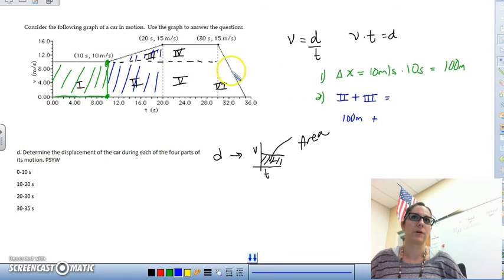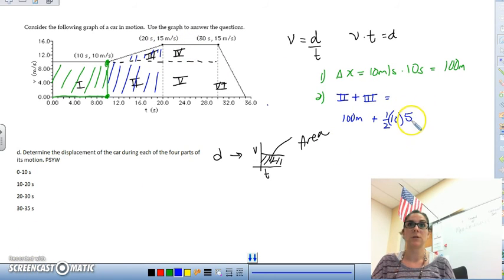This is a triangle, so I have to use 1/2 the base. The base is 10, from here to here. And the height here is 15, or 5. You notice I dropped the units, that's okay. It's 5 because the difference between here and here is 5.